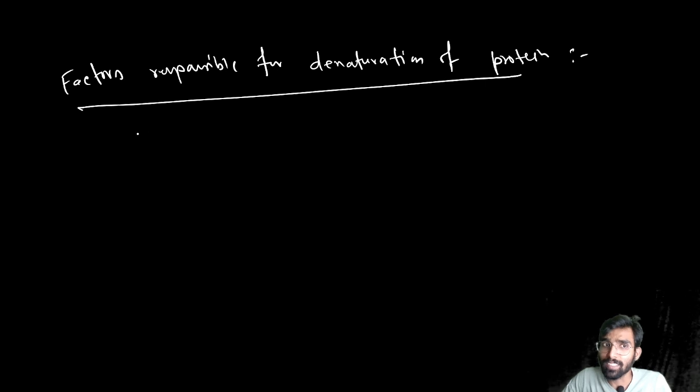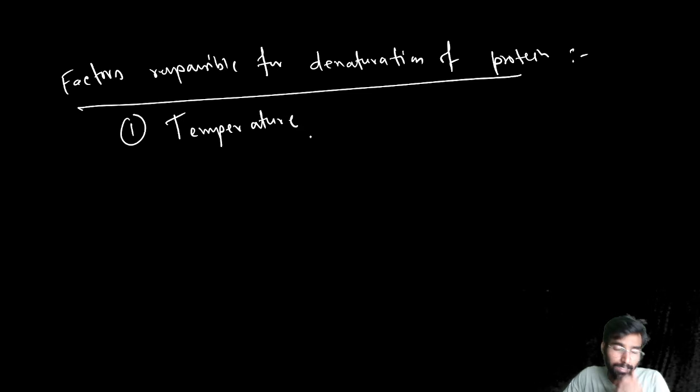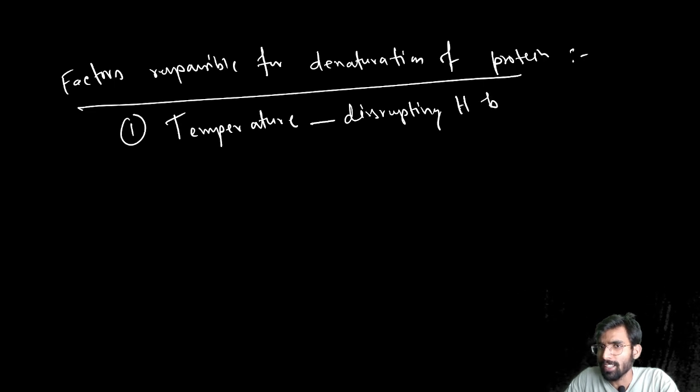The first thing that comes to mind is temperature. How does temperature do that? By disrupting hydrogen bonds, right? It's quite easy to break the hydrogen bond, and if the hydrogen bond is broken, of course the secondary structure is gone. At that time your protein will never be in a folded condition.